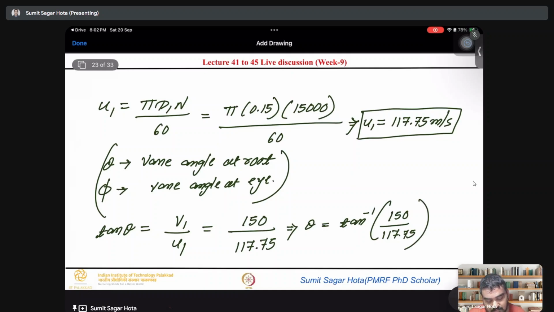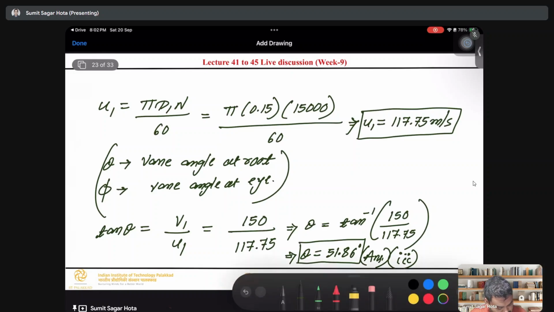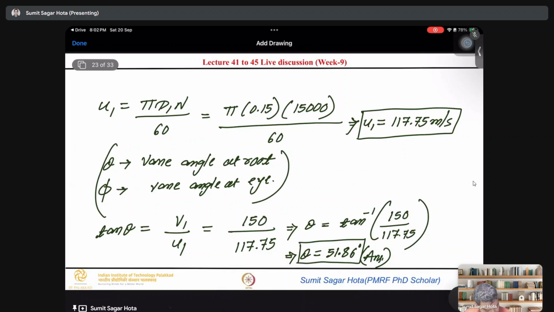So theta is 51.86 degree. This is your answer 3.